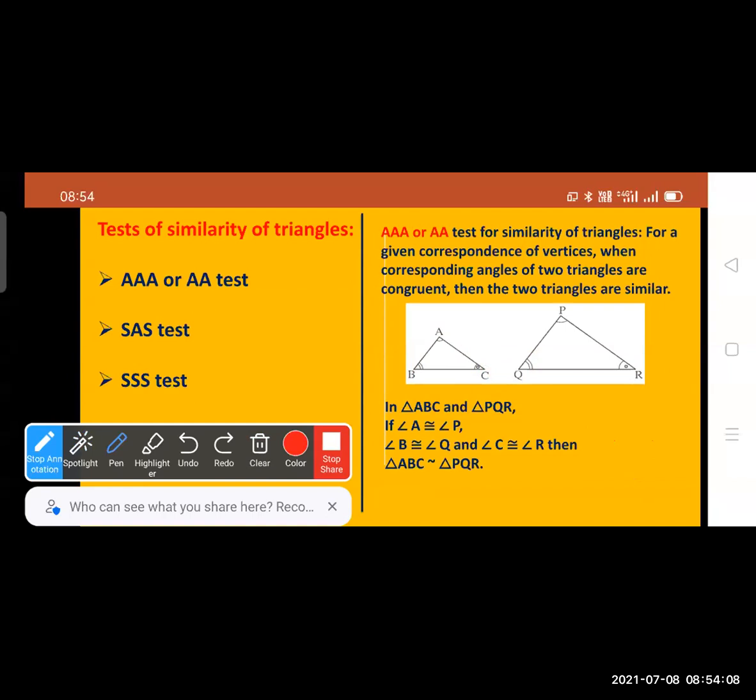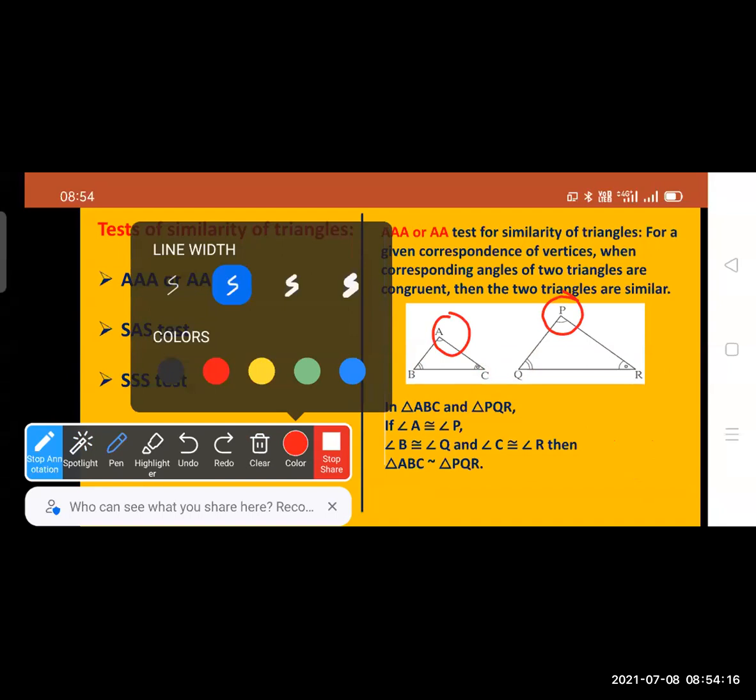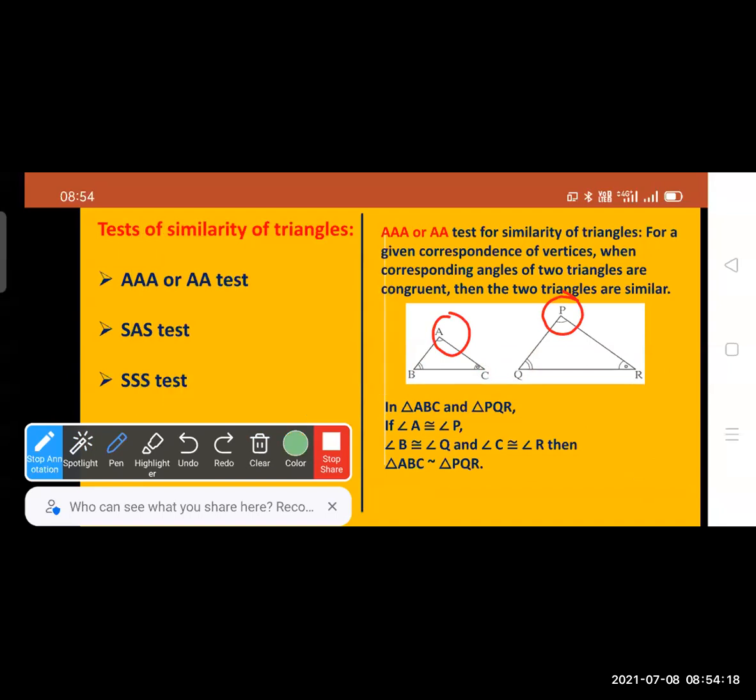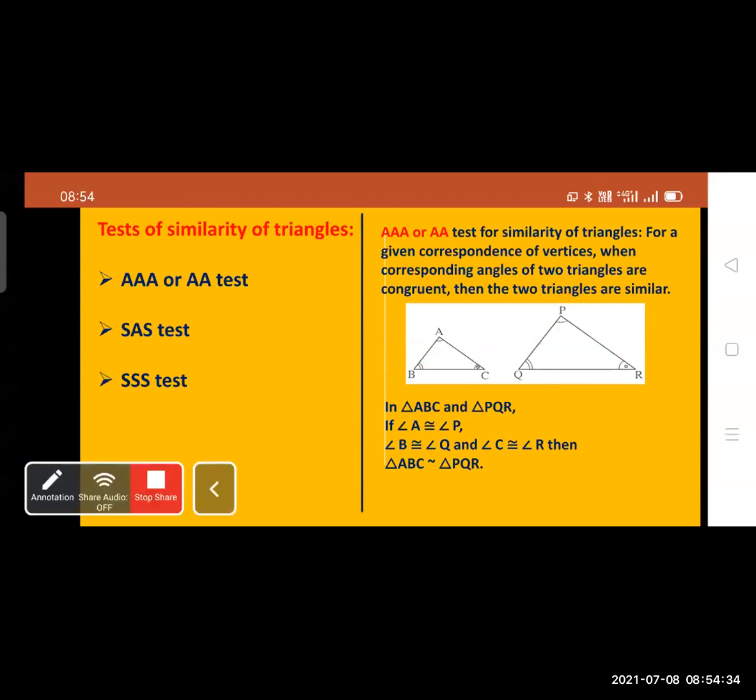See here, angle A is congruent to angle P. Angle B is congruent to angle Q. And angle C is congruent to angle R. Therefore, we write triangle ABC is similar to triangle PQR. So here is the first test, that is the AAA.